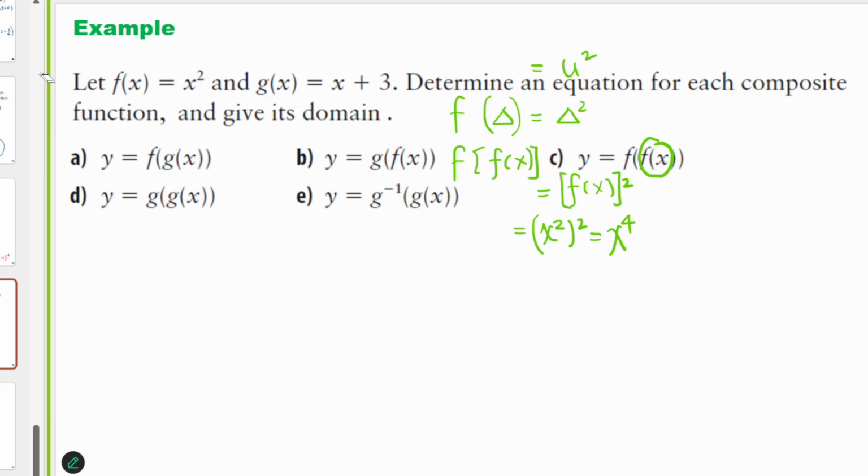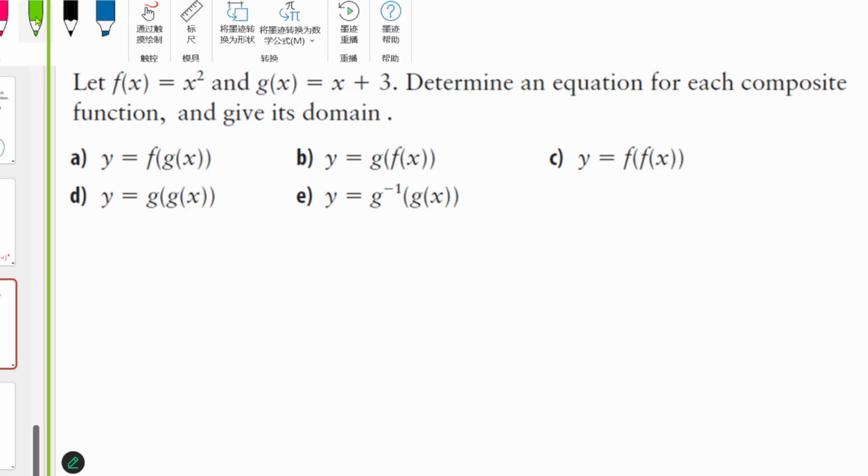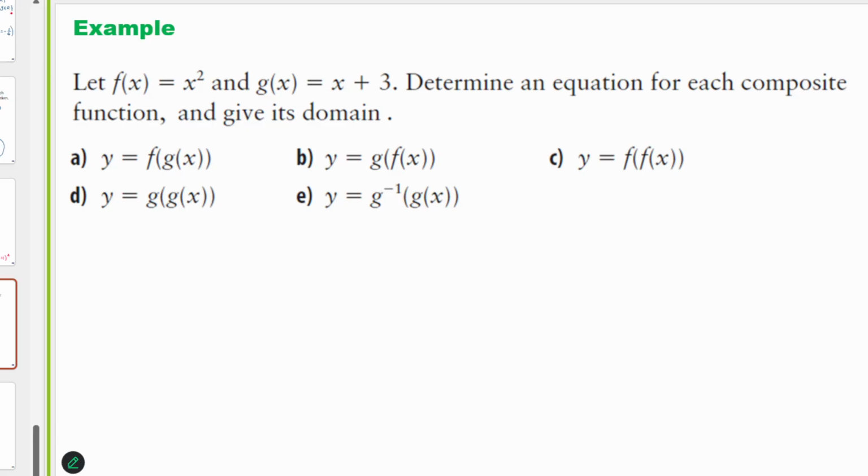Follow the same concept. So this is called function composition. Basically, use a function as an input of another function. Doesn't matter what the input is. For example, we have g(x), right?